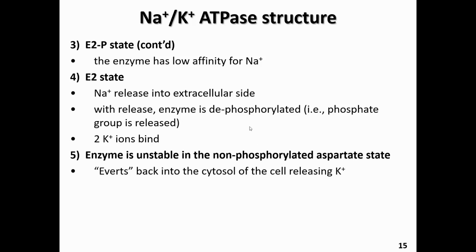And as such, the enzyme will revert to a more stable structure by everting back into the cytosol. And in doing so, the affinity for potassium becomes low, and potassium is released into the cytosolic solution.